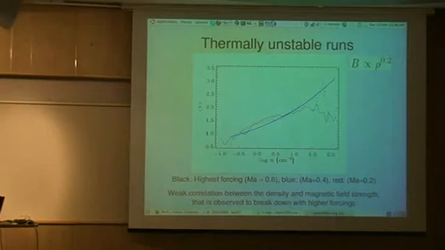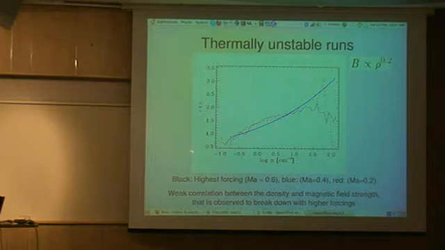So very quickly, the remaining slides. Thermal instability is much more effective in producing the correlation between the magnetic field and density. But even given that it's producing a lot of clumps with high density contrast, the density correlation agrees with this scaling, not rho, not square root of rho, but rho to the power of 0.2.